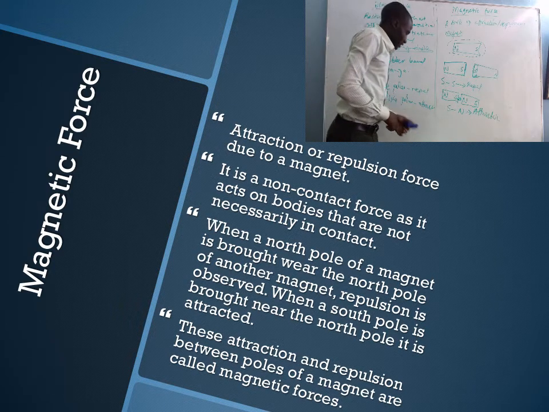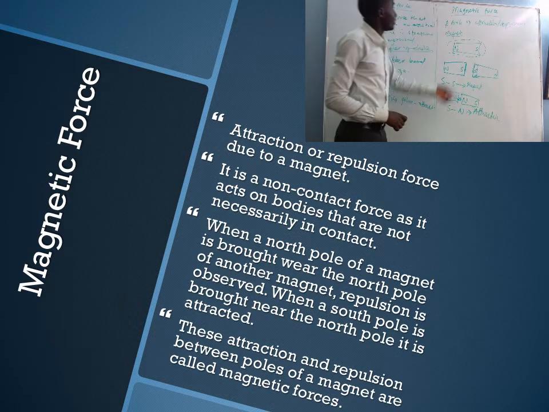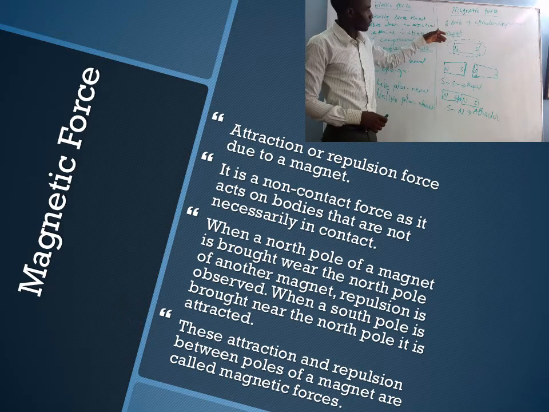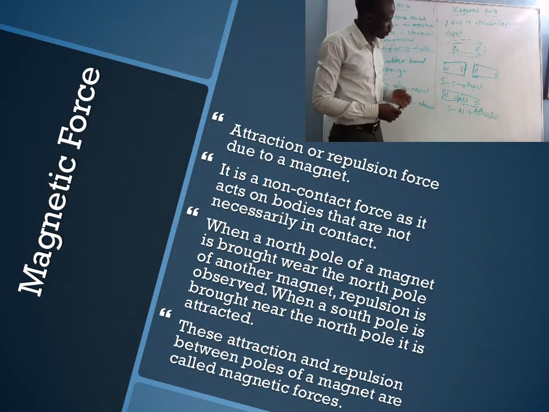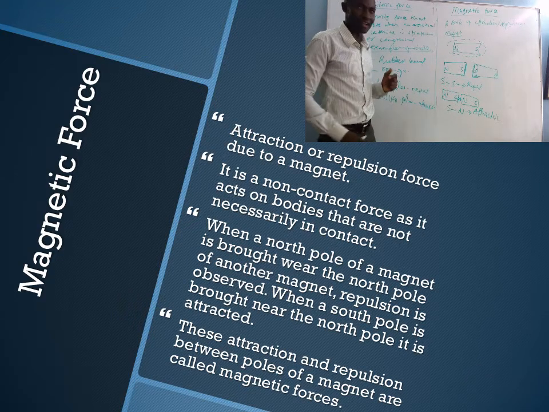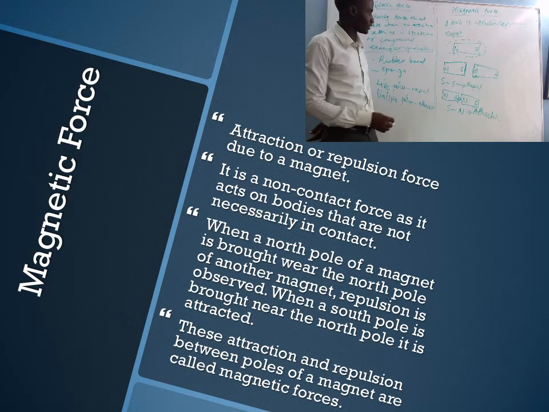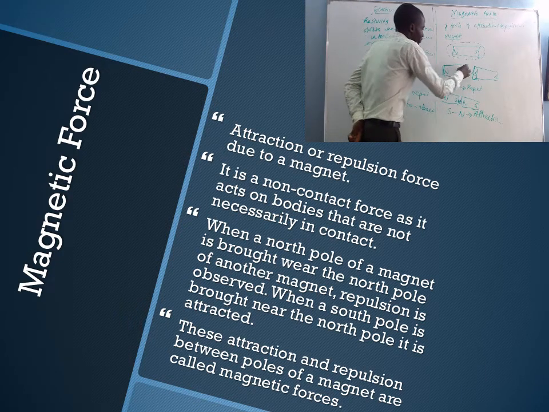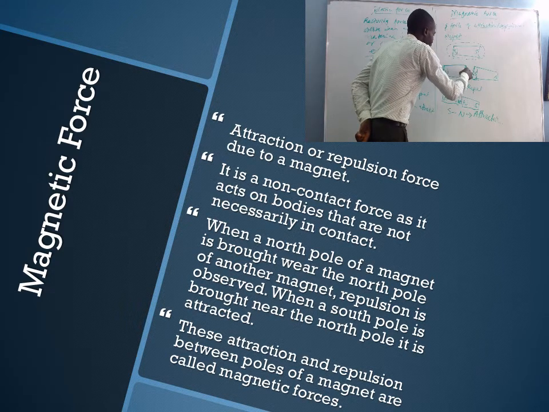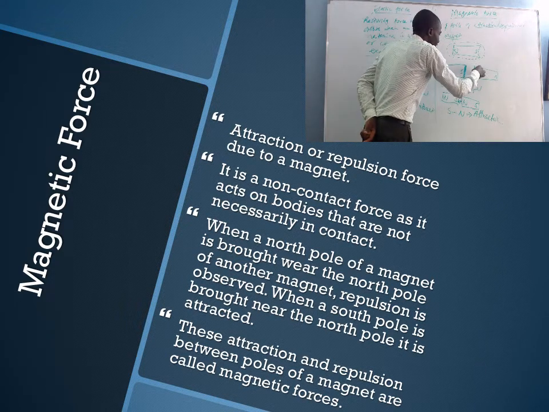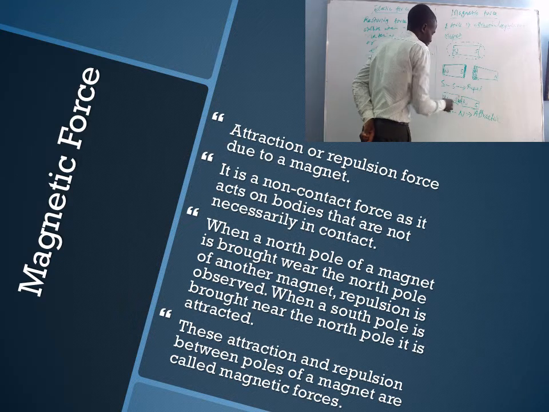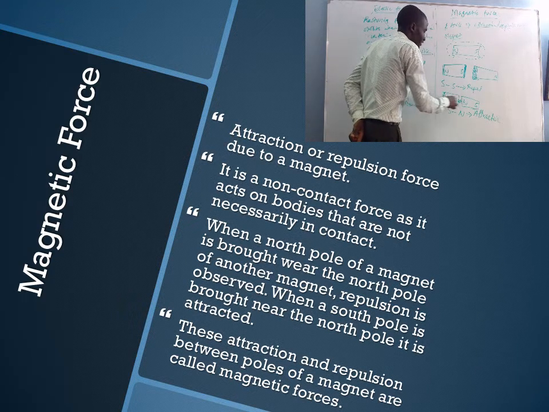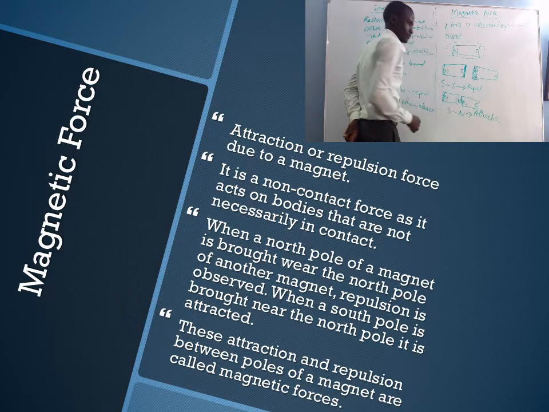The attractive or repulsive force of magnets is strongest at the poles. So at the north pole or the south pole end, this force of attraction or repulsion is very, very strong.